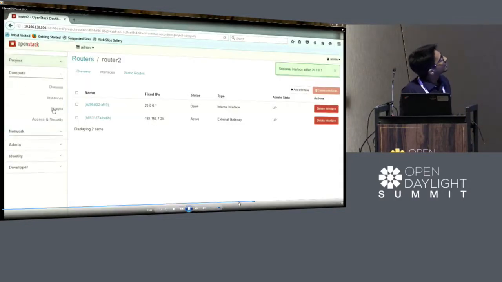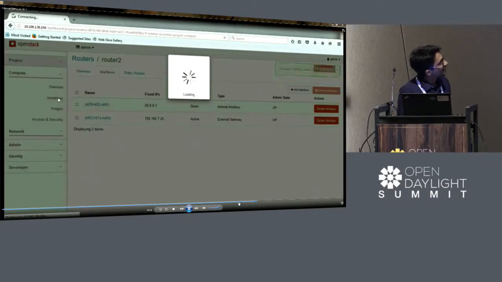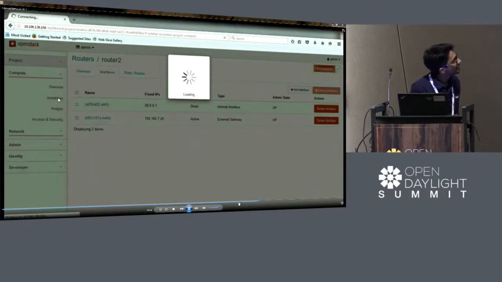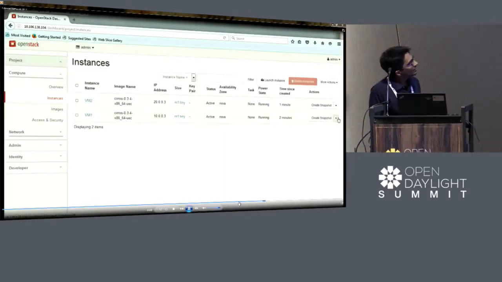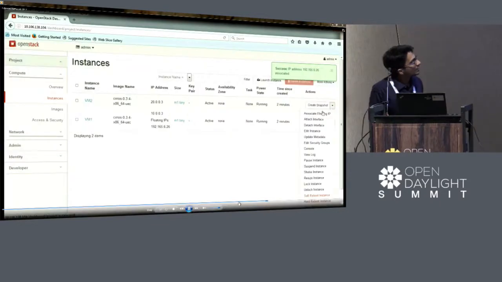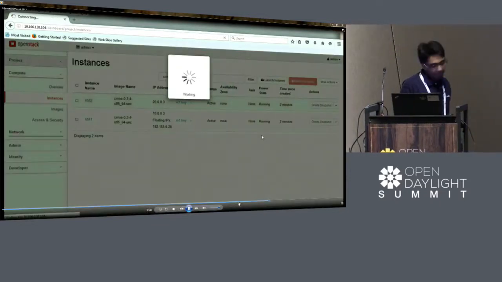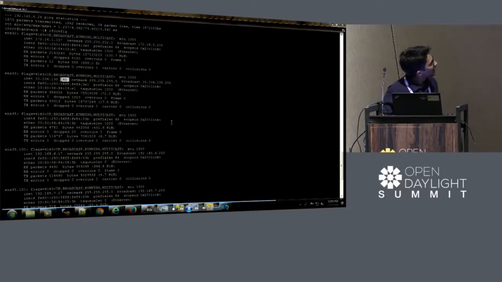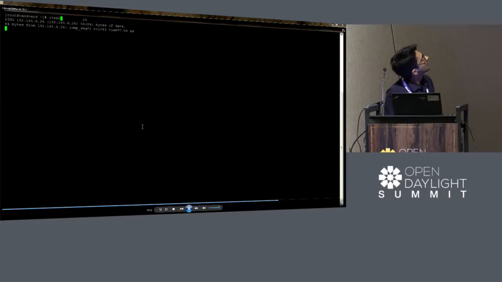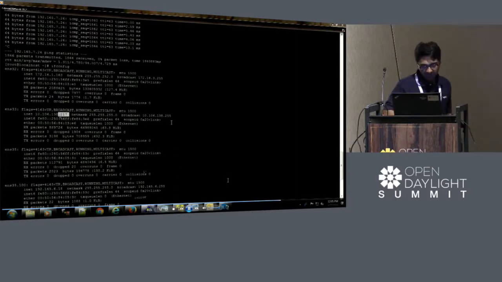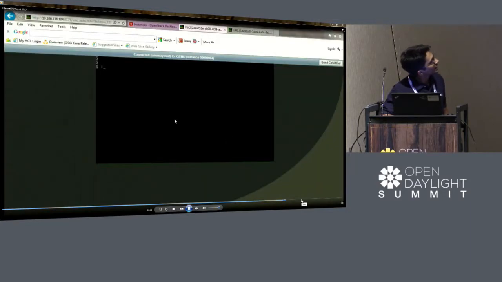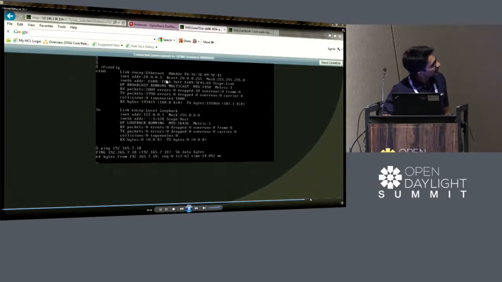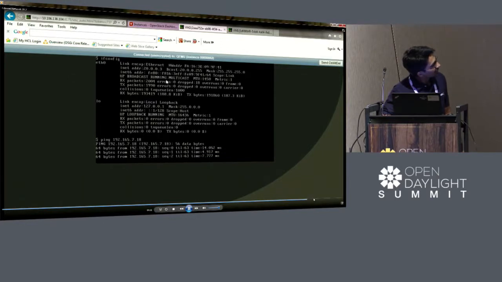Now this is a display of trying to access the external network. This is the part where we have accessed the external network from the VM instance after associating the floating IP.